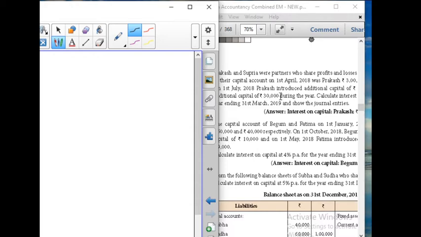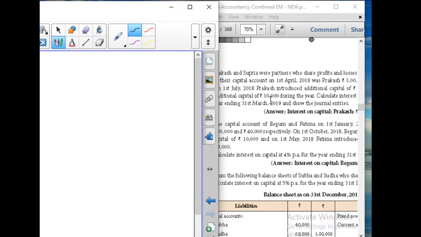Prakash introduced additional capital of 60,000 on July 1st. Supriya introduced additional capital of 30,000 during the year. Calculate interest on capital at 6% per annum for the year ending 31st March 2019 and show the journal entries.